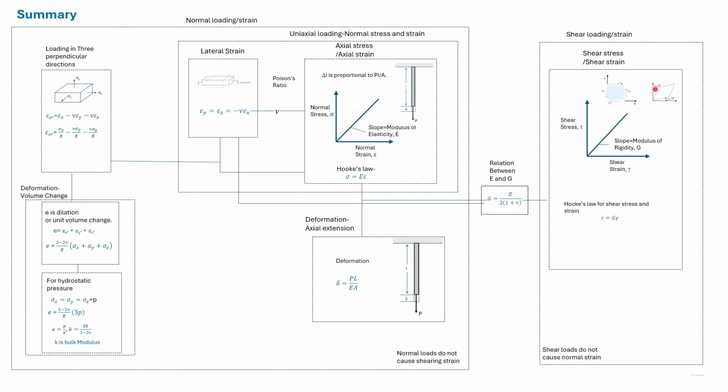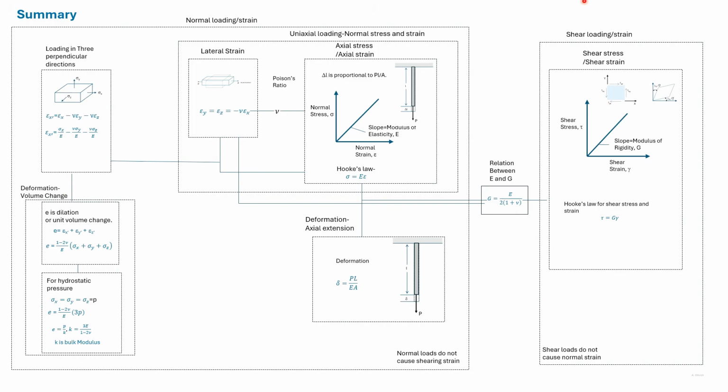Now consider the rectangular element here subjected to shear stresses. Due to shear stresses, this element changes shape into a rhomboid. Initially, the angles of the element were all right angles, but after application of the shear stresses, the angles change.